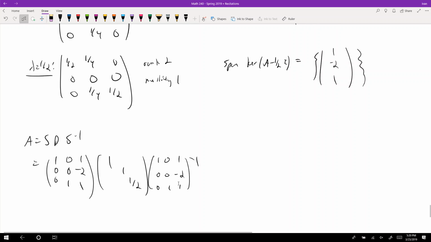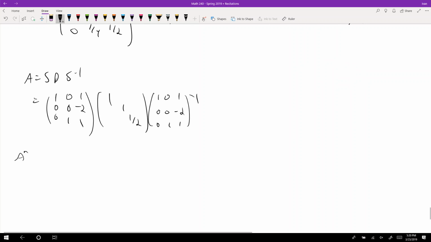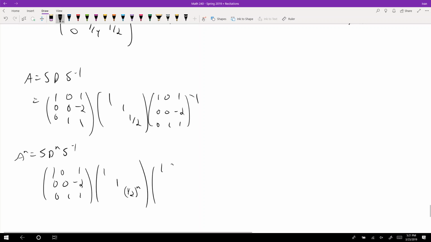And then A to the n is equal to S D to the n S inverse. So this is S, then D to the n, where 1 to the n is 1, 1, and then 1/2 to the n, then S inverse. If we take the limit as n approaches infinity, this term goes to 0.